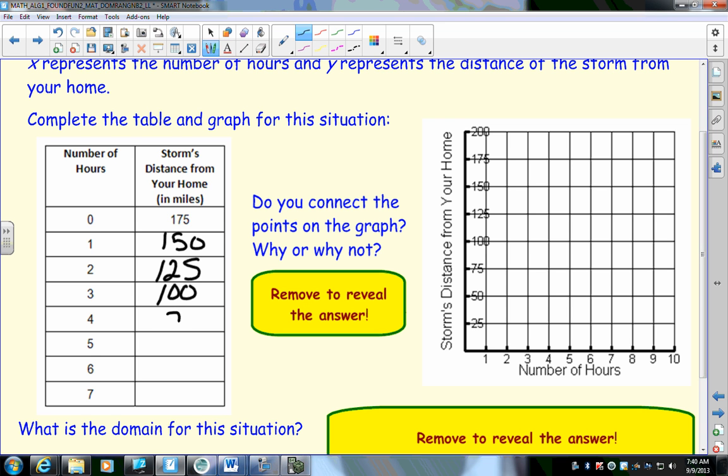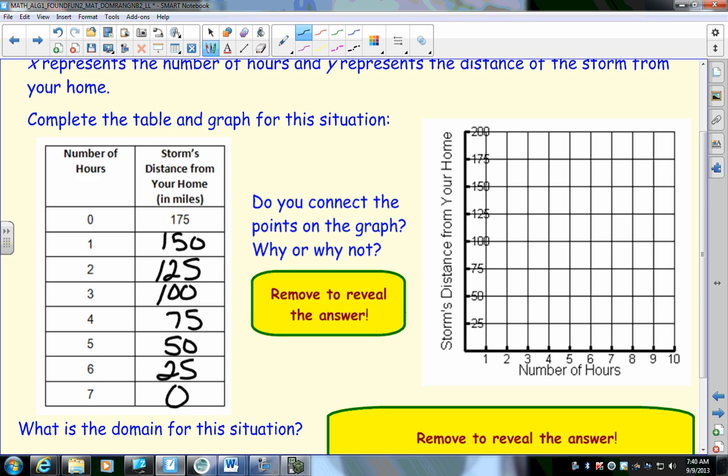What is it decreasing by? 25. What is actually happening with this storm? It's getting closer to you. How long is it going to be till the storm reaches you? It's going to be 7 hours.